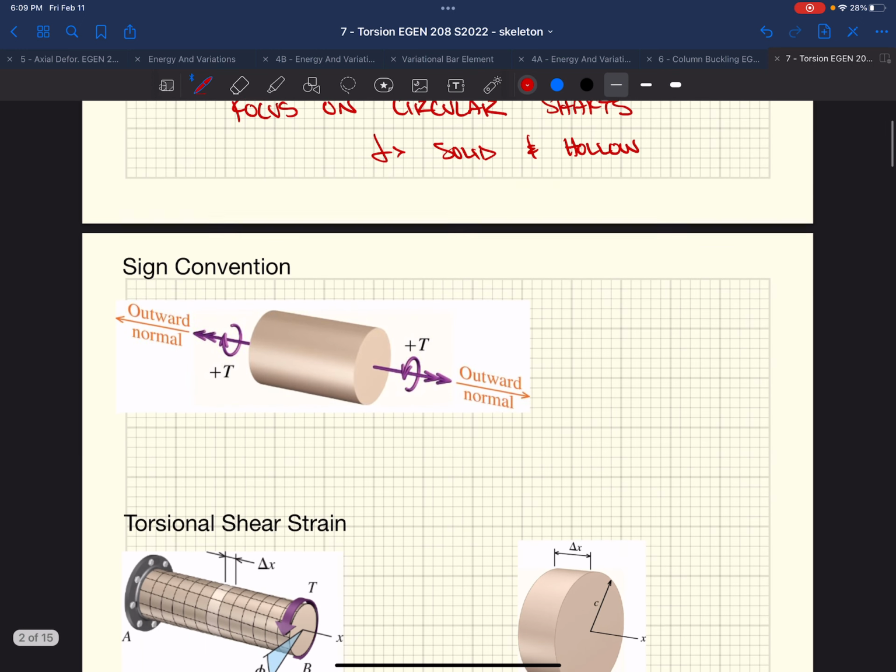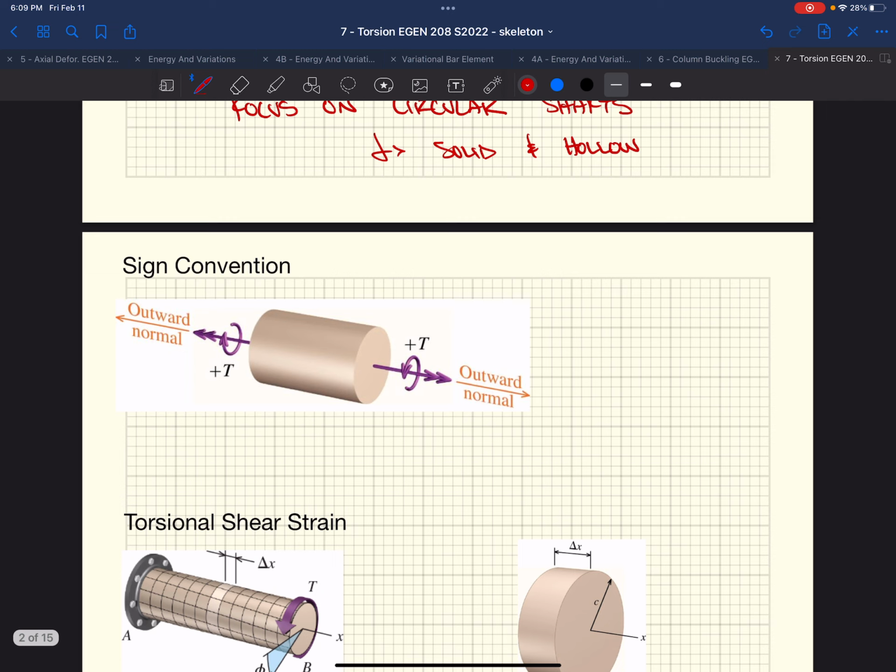As we've done with any of our forces, stress, strain, things like that, we talk about the sign convention so that when we are doing free body diagrams to determine internal forces, which is exactly what a torque is, an internal moment, we know the direction. If we look at a 3D view, a torque is considered positive if it's outward from our surface. That's very similar to an axially loaded member.